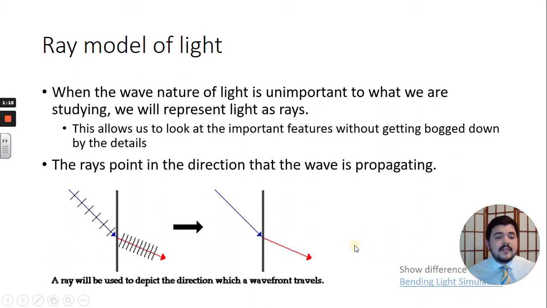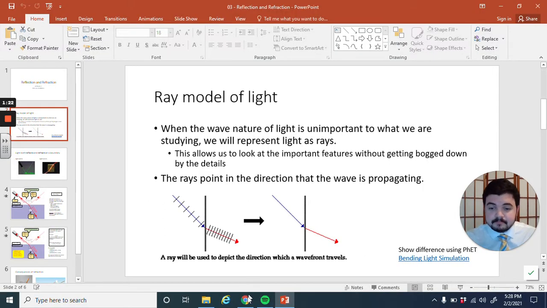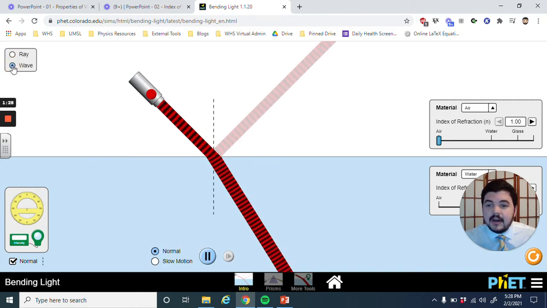I do feel that it's helpful to show the difference between these two using a PhET simulation. Here we have that PhET simulation, and I'm going to switch over to the wave model now. This is a laser that we have here, and the laser is sending light out into the world, and we can see that light wave moving forward.